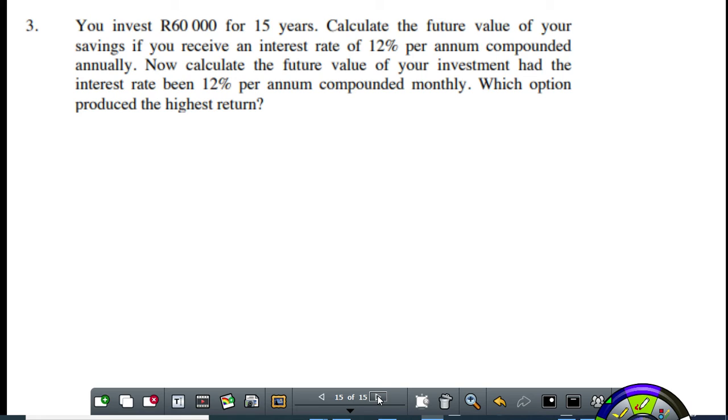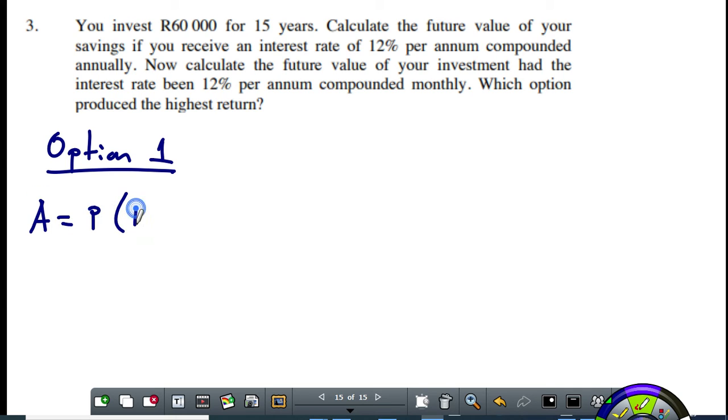So here we are comparing the compounding periods. Let's start with option 1. Option 1 is compounded annually. So first, allow me to put my formula. A equals P times (1 plus I) raised to the power of n.